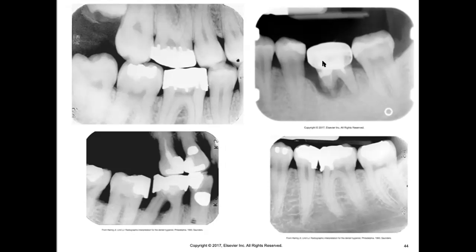Okay, here is a more exaggerated representation of an ill-fitting crown. It looks like, from the looks of this crown, this is one of those stainless steel crowns that come in basically generic sizes. They come in a box and they don't really fit any patient. They're usually more for pediatric patients where they're going to lose the tooth anyway.